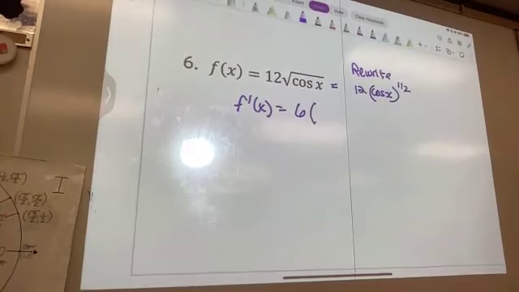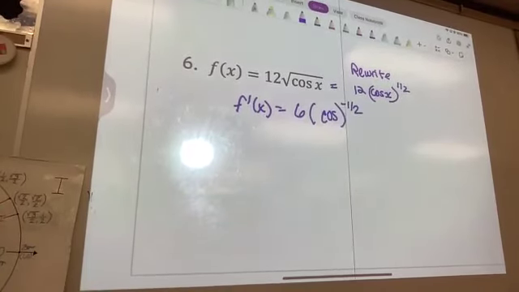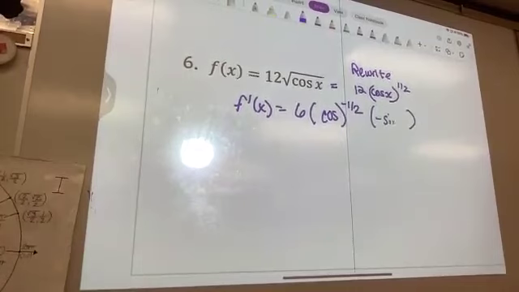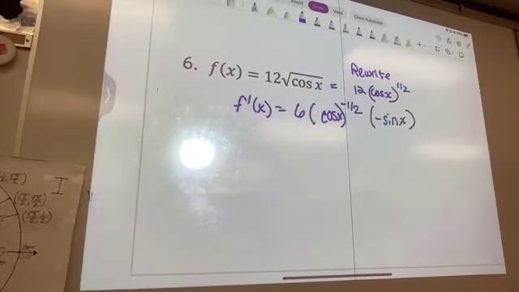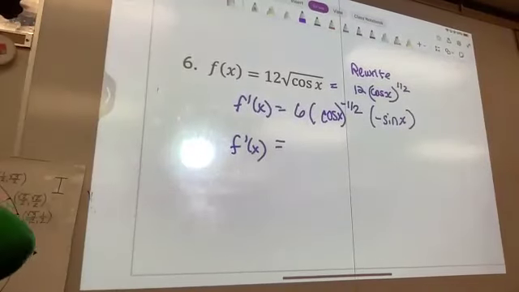Times, what do I do? Cosine x stays the same, negative one, negative 1/2, there we go. And then anything else? So, yeah, derivative of cosine is, careful, negative sine. Oops, sorry, cosine of x. To deal with that negative 1/2, do you know what to do? Negative powers go to the denominator to become positive.